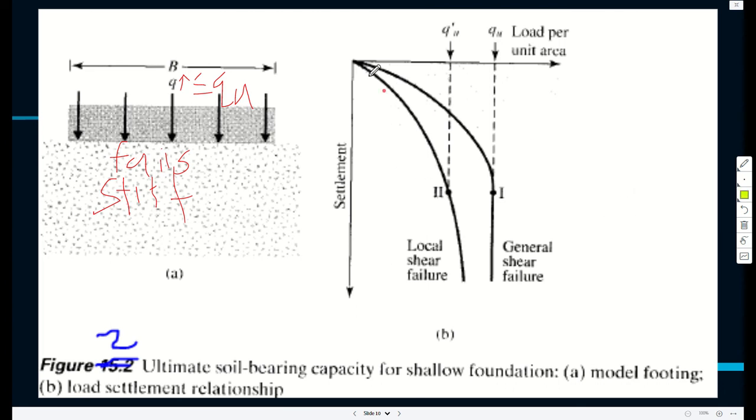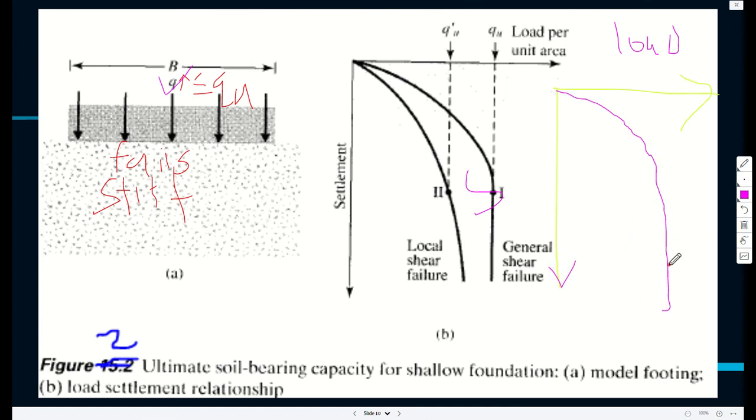But we think that if you draw a curve of settlement, let me draw another one here, such that you have the load, and this is settlement S. While you're increasing the load Q, you expect a curve there, because when you increase the load, you expect the settlement to increase.